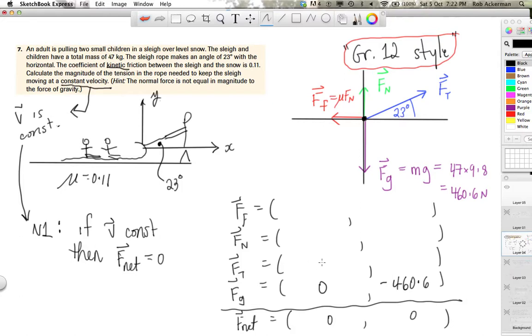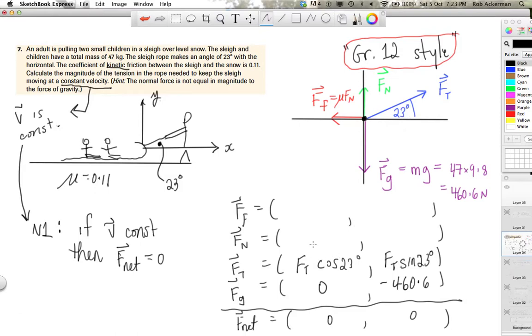If you do SOHCAHTOA, you'll see that the x gets the cos and the y gets the sine. But multiplying times what? We don't know the tension force, therefore it's a variable, and variables can be written in any letter you want, but I'm going to use Ft so that I don't forget what it is I'm calculating. Both of them are positive because of the direction they're pointing.